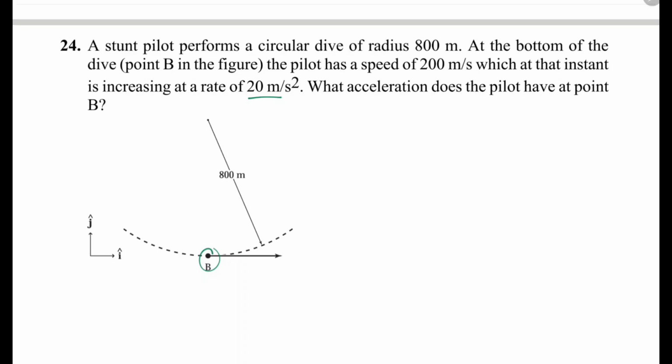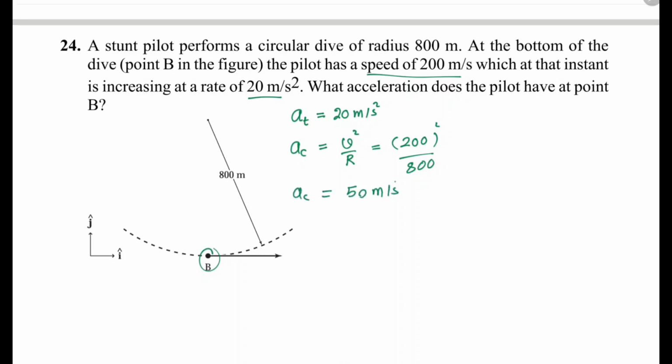Now, since the speed is changing, it means the tangential acceleration is not zero, which is equal to, in this case, 20 meters per second squared. So the central acceleration in this case is equal to V squared over R, or 200 squared divided by 800, and A central is equal to 50 meters per second squared.